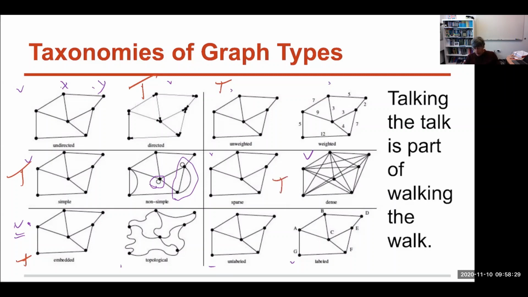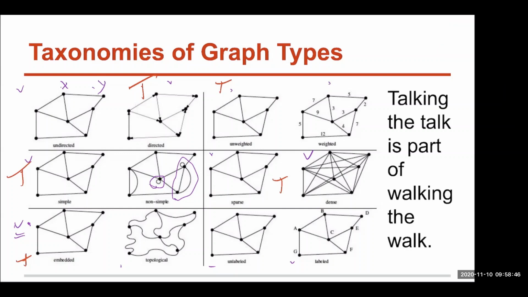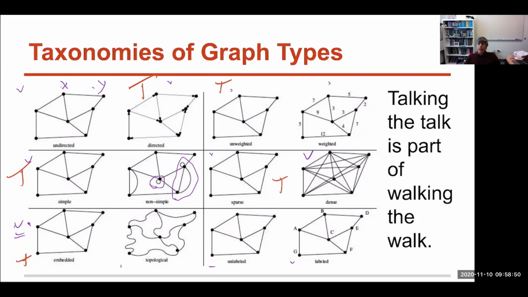And in Twitter, are the vertices labeled? Is there a property of each Twitter user that is known? Like their name, certainly their name. So I'm going to say that there are annotations about the vertex.